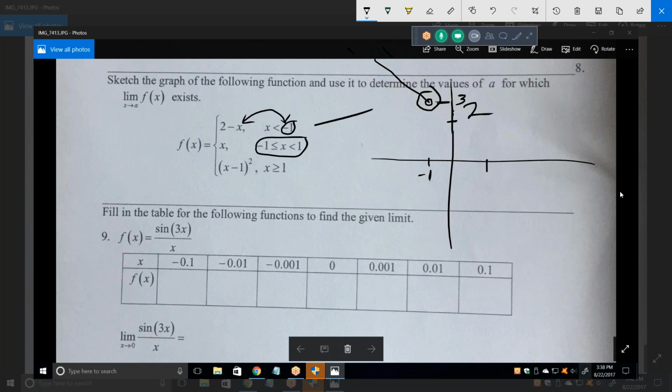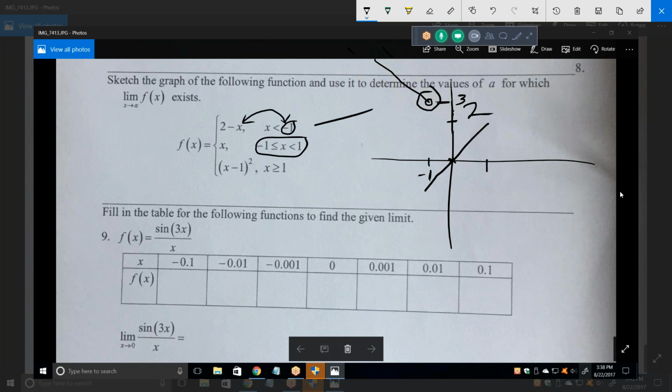Right. So that's points on the curve. Is it a straight line? Yes. What's its slope? 1. Therefore, it has to be something like this. There's a straight line with a slope of 1.